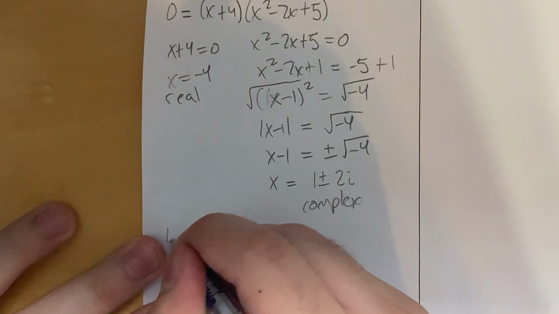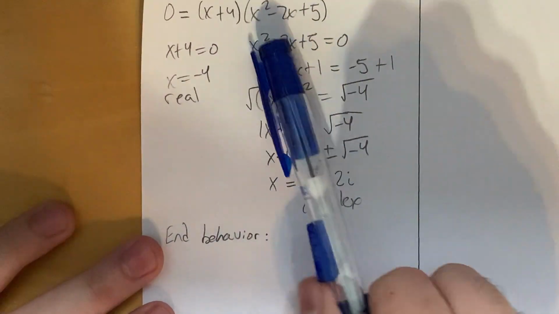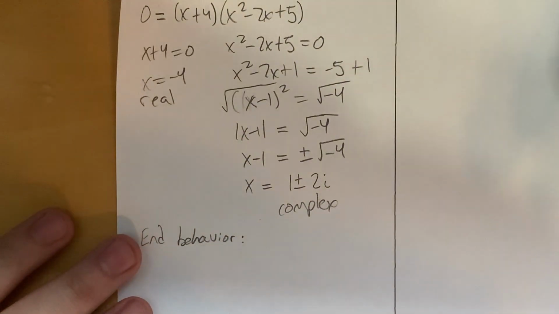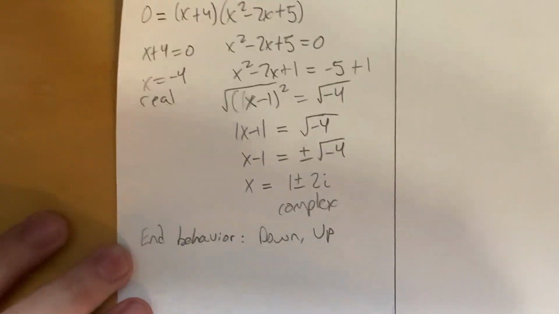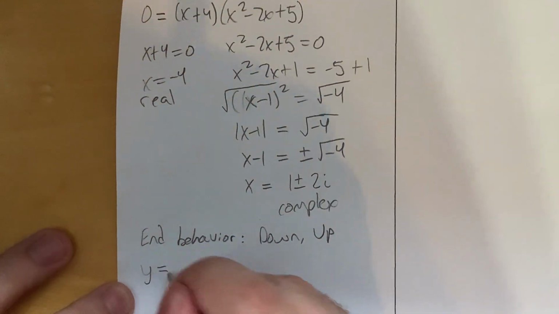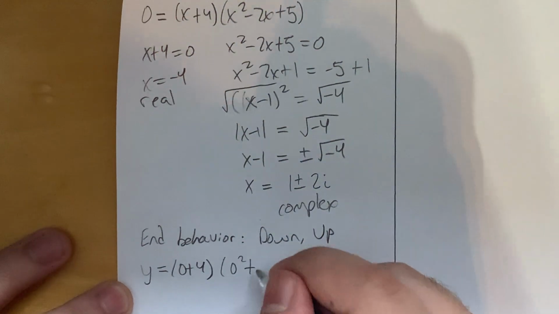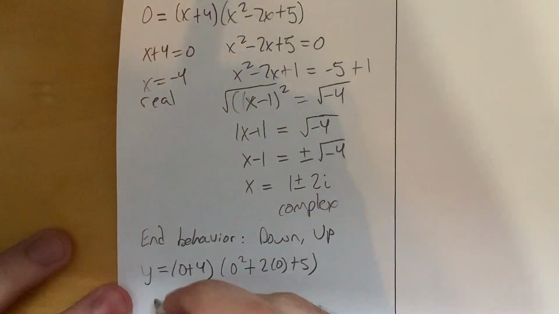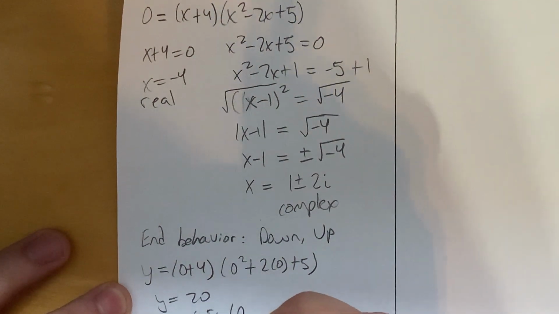Since the leading coefficient is positive, and it's also degree 3, we're going to get down, up end behavior. I can also find the y-intercept if I really wanted to. y equals 0 plus 4 times 0 squared minus 0 plus 5. And what do I get? y equals 20. So the y-intercept is at (0, 20).